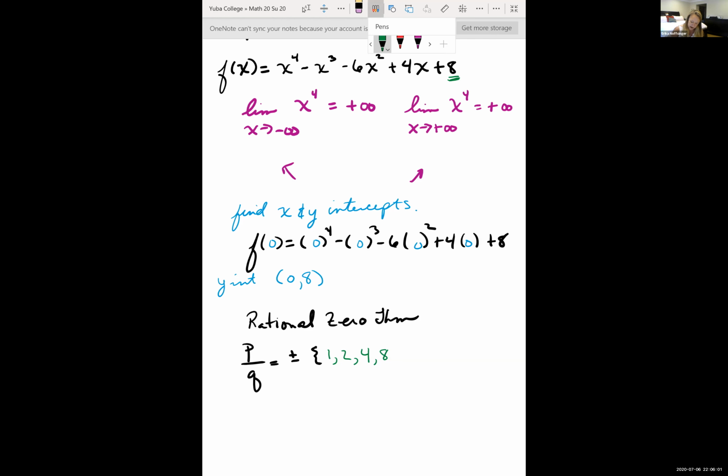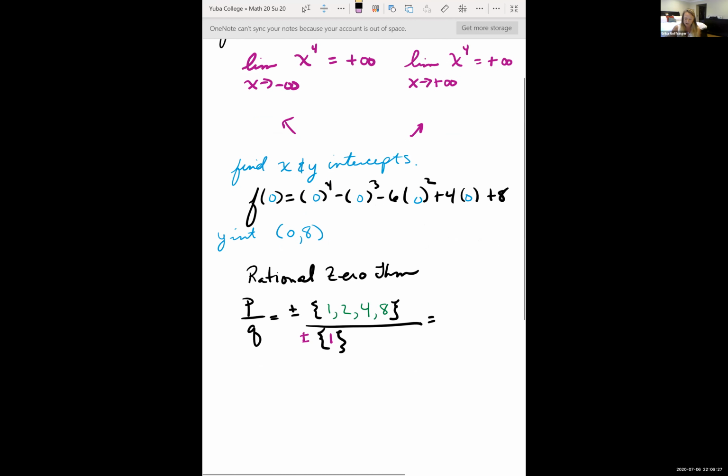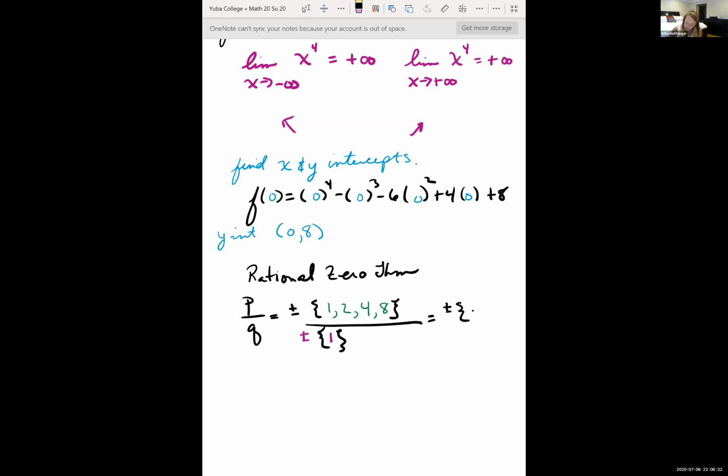And now we want to look at factors of our leading coefficient, which is 1. So factors of 1 are just plus or minus 1. And so p divided by q, this is always the nicest when our leading coefficient is 1 or negative 1. Basically, p divided by q is just the factors of your constant. So plus or minus 1, 2, 4, and 8.